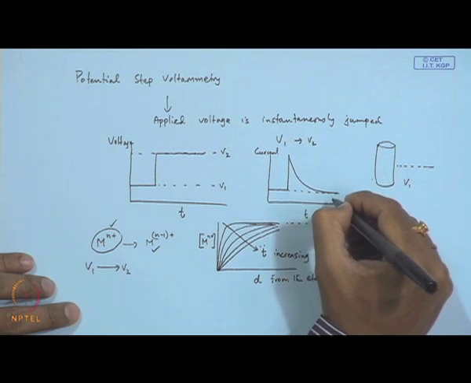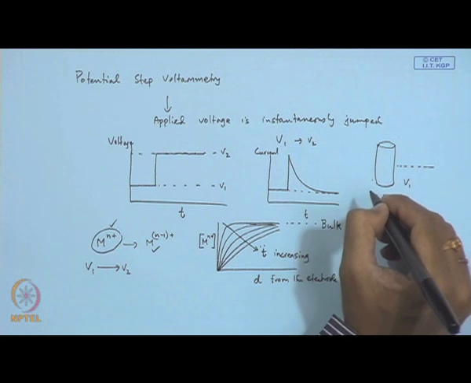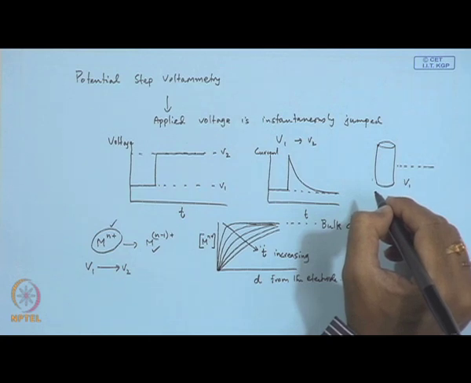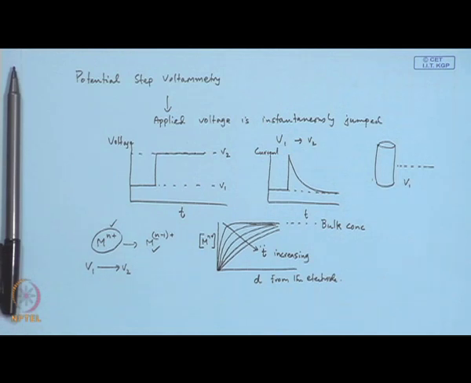As time is increased, the concentration gradient is decreased. From this, the diffusion coefficient can be obtained using some standard relation. You can find out the diffusion coefficient for the ion to the electrode.